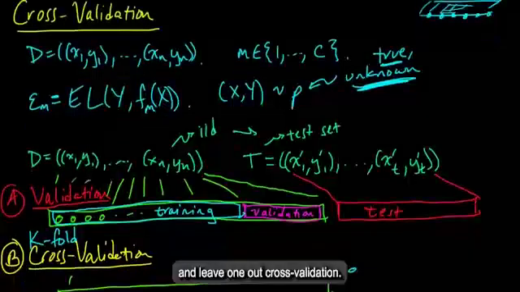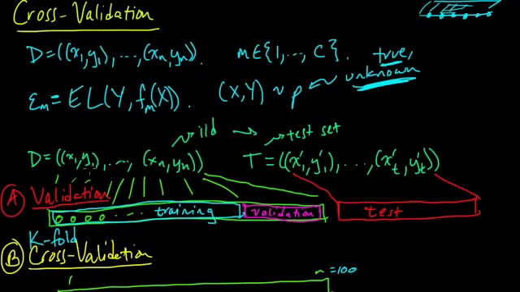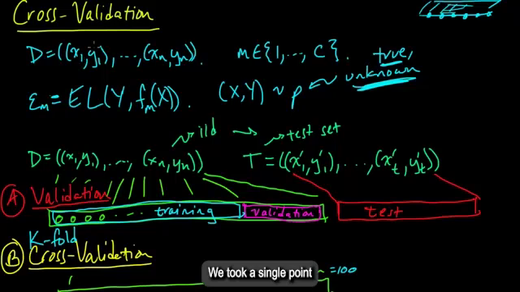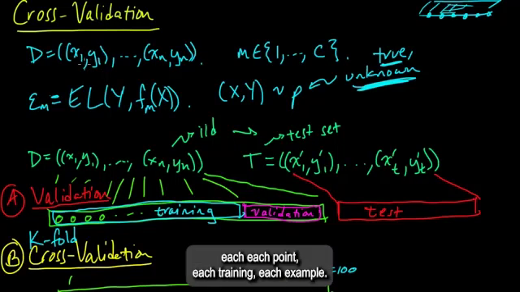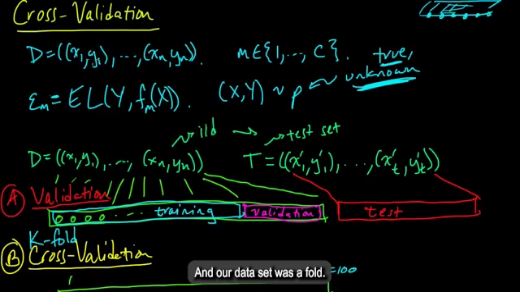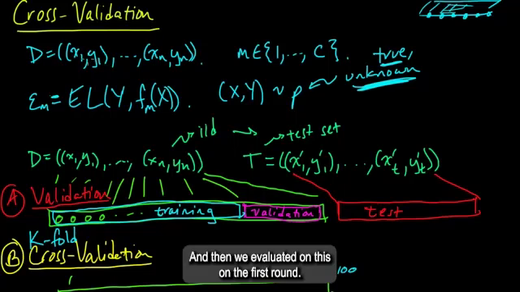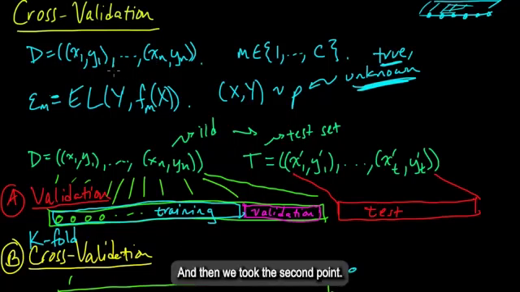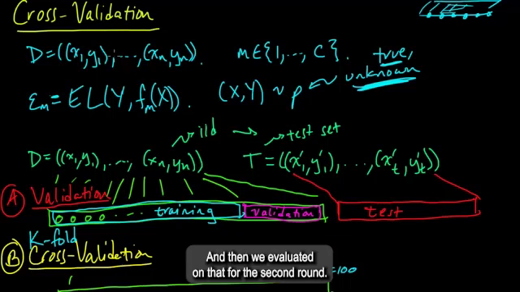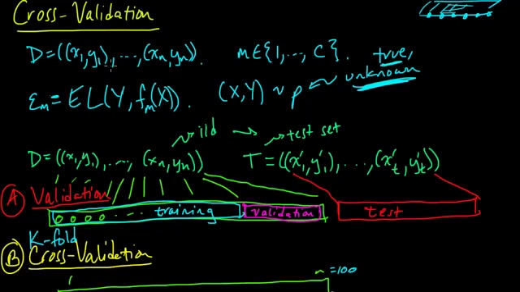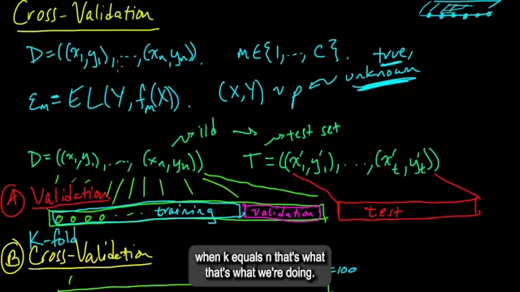Each example in our data set was a fold. So this was the first fold: we trained on all of the rest, and then evaluated on this point on the first round. Then we took the second point, trained on everything else, and evaluated on that for the second round. So when k equals n, that's what we're doing.